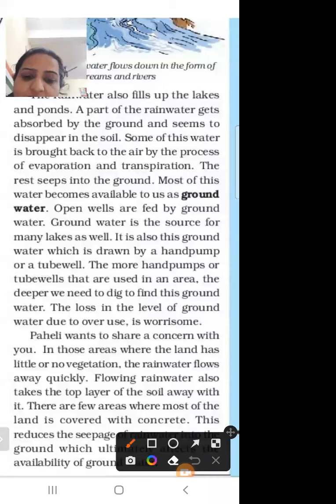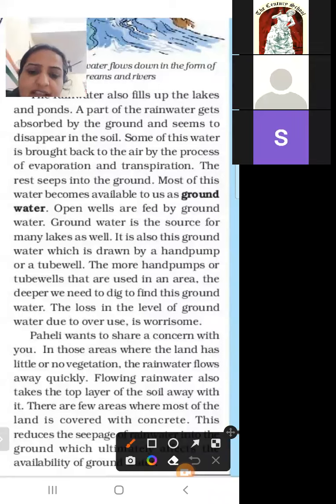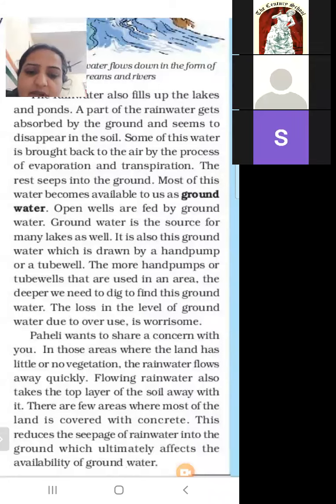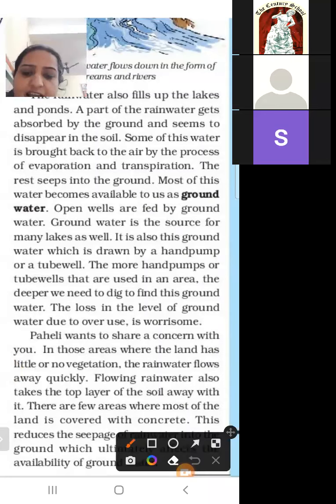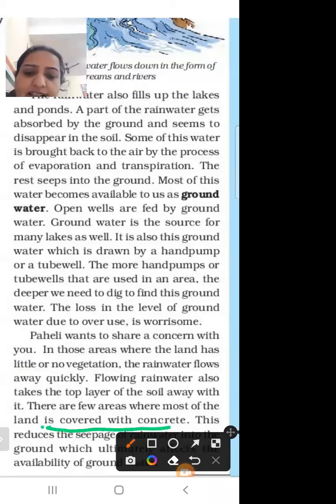And if it will not absorb the rainwater, it affects the availability of groundwater. सपोज एक एरिया है जहां पे बिल्कुल लैंड कंक्रीट से कवर है, पत्थर से कवर है, तो वो रेन वाटर को एब्जॉर्ब नहीं करेगा और ग्राउंड में पानी नहीं जाएगा. और ग्राउंड में पानी नहीं जाएगा तो ग्राउंड वाटर जो लेवल है वो डिक्रीज हो जाएगा.